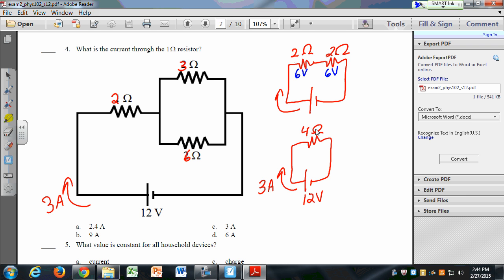Because 2 times 3 is equal to 6. And if I have 6 volts here, that means I have 6 volts here and here. And then I is just V over R, which is 6 over 3, which is equal to 2 amps, which is what we found. This is 6 over 6, which is equal to 1 amp. All right, you can go through it in that way, but it takes a little bit more time for you to do it that way. Okay.